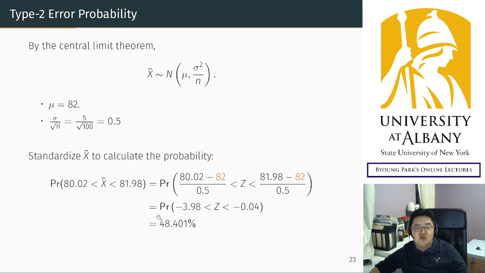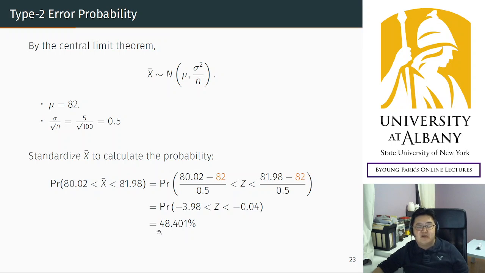So you have to calculate this probability from a normal distribution calculator. Use a calculator, a program, whatever, and calculate this probability. We learned how to calculate standard normal distribution probability in chapter 6. Then the result is about 48%.